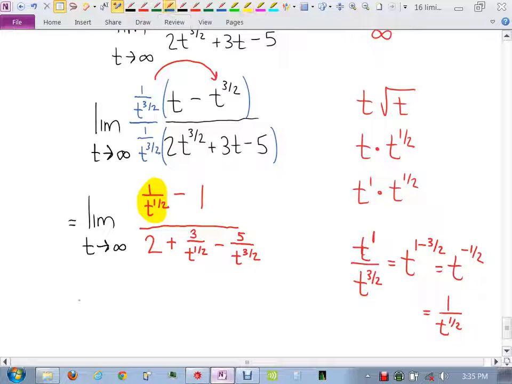So I'm getting a minus 1 on top, and then on the bottom, the 2's still there, plus 3 over infinity, right? Fixed over infinity goes to 0, minus 5 over infinity again. So 0 again. So you get what? Negative 1 half.